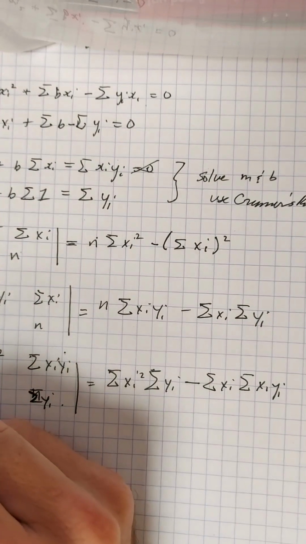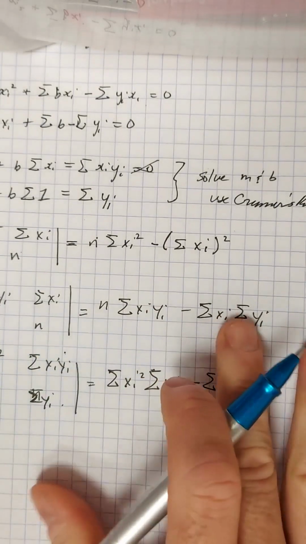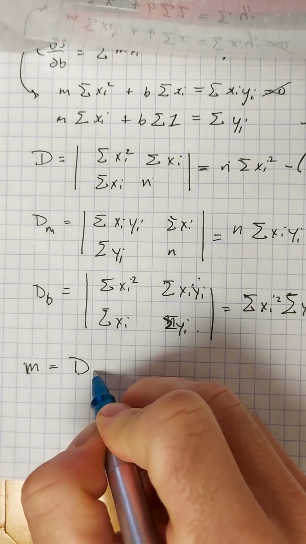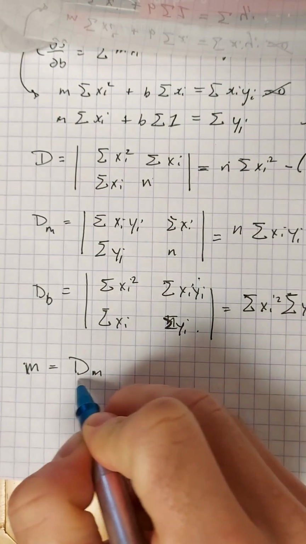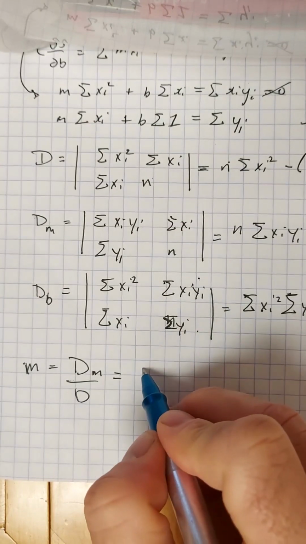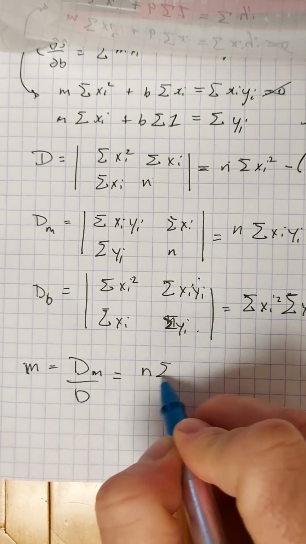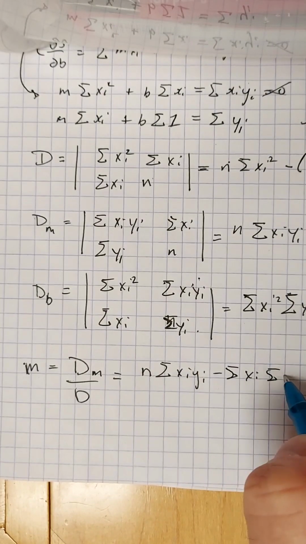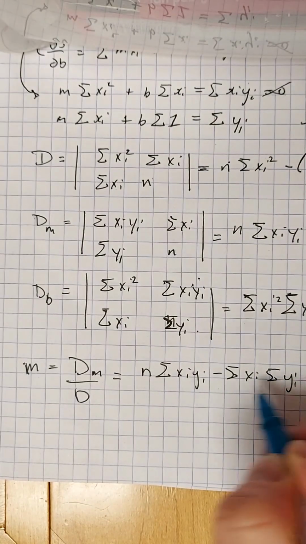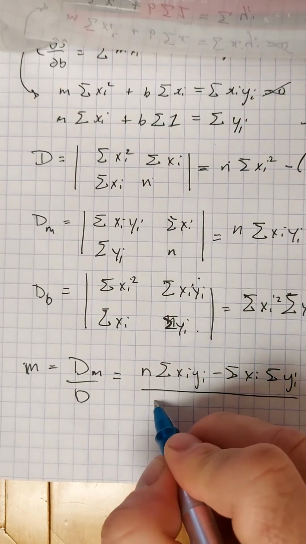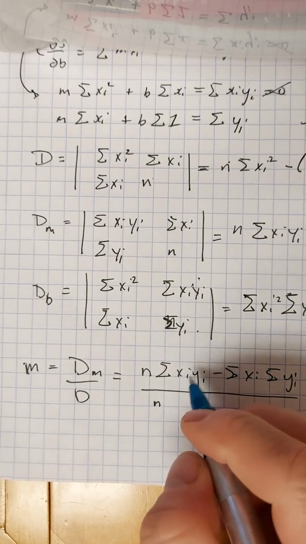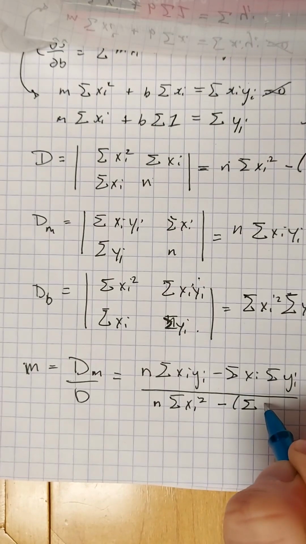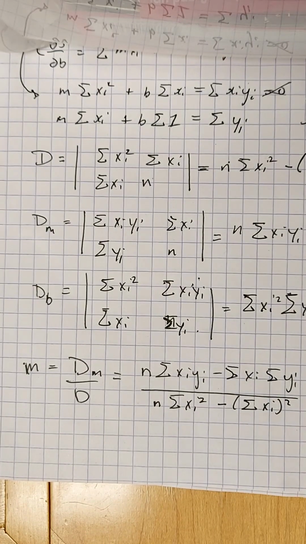And so finally we have that the parameter m that we've been looking for is going to be D_m over D, which is n times the sum of x_i y_i minus the sum of x_i times the sum of y_i, over n times the sum of x_i squared minus the sum of x_i, whole thing squared.